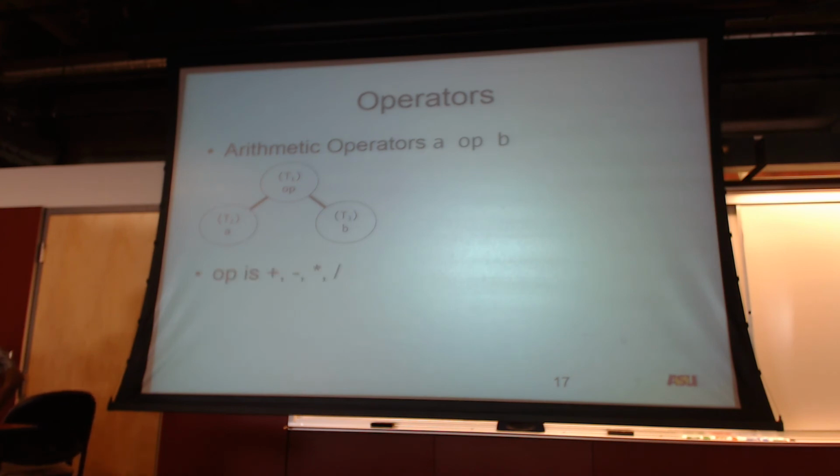Now we define constraints. If OP is plus, minus, star, divide, then the constraint is that T1 equals T2 equals T3. So the return type of OP is the same as T2 and T3. That's the constraint.